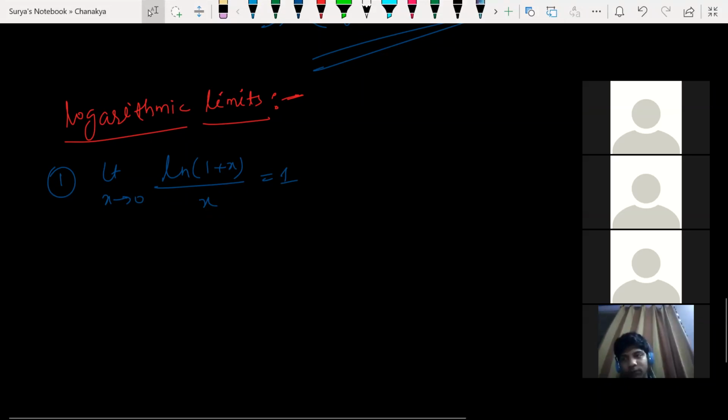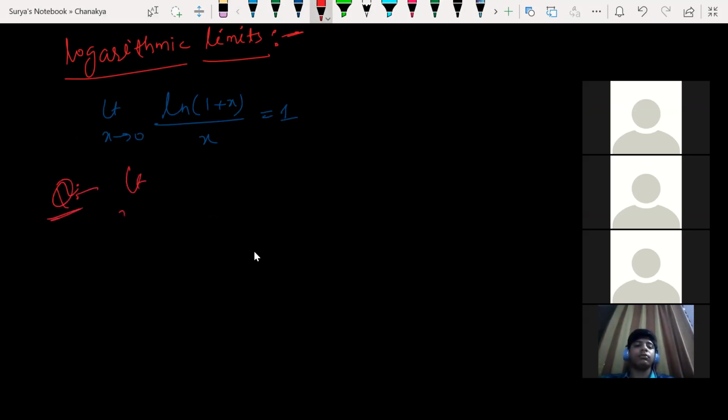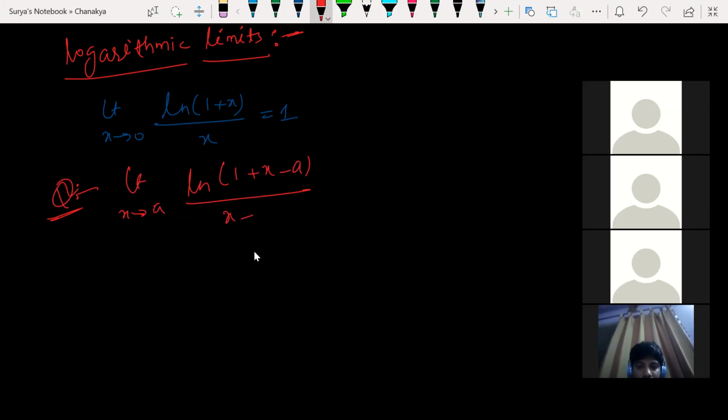So now look at this now. This is the formula. The question is now: limit x tends to a, ln of 1 plus x minus a divided by x minus a. What's the answer of this? See here, what is the answer? Quickly, say the answer quickly.